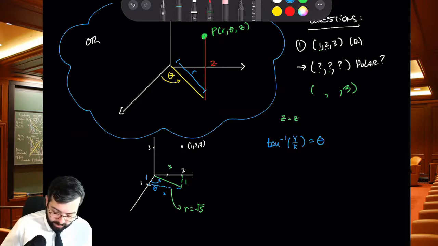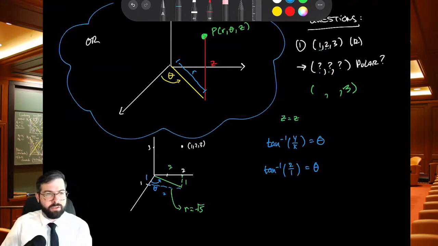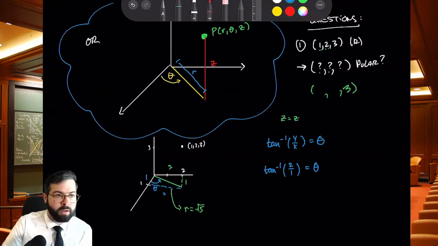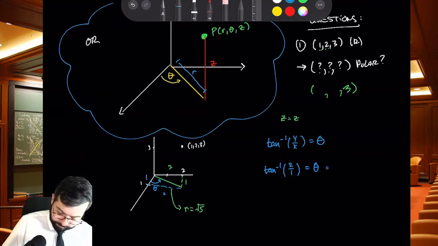So arctan of our y is 2. And so that should give us what here? 1.11 radians.